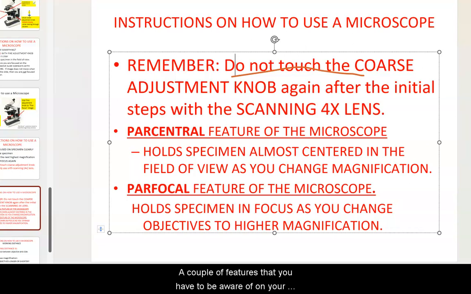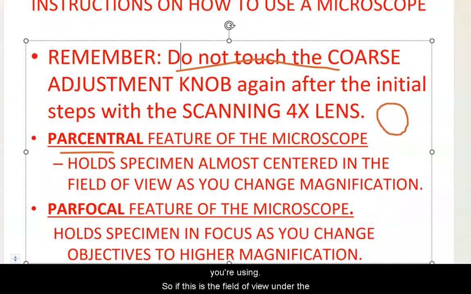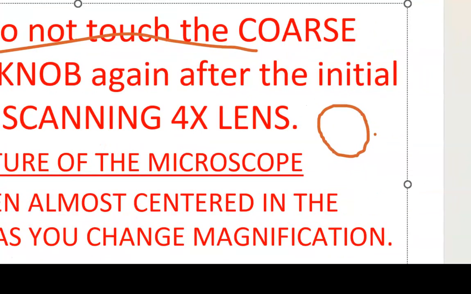Now, a couple of features that you have to be aware of on your microscope is that our microscopes are parcentral. What that means is that the center of the field of view remains the same regardless of the magnification that you're using. So if this is the field of view under the 4x objective, as you increase magnification, the field of view becomes smaller, but the center remains the center.